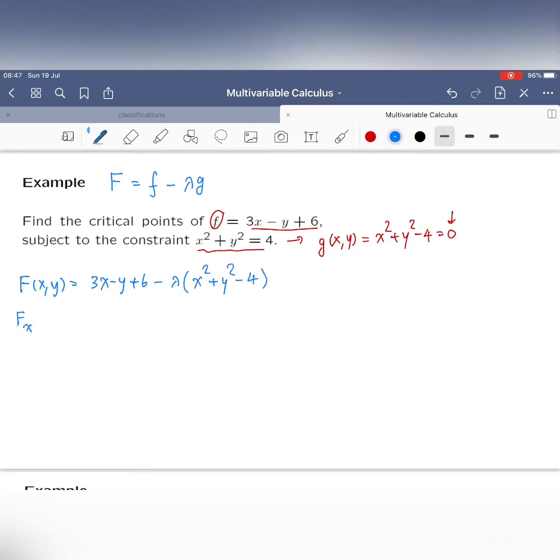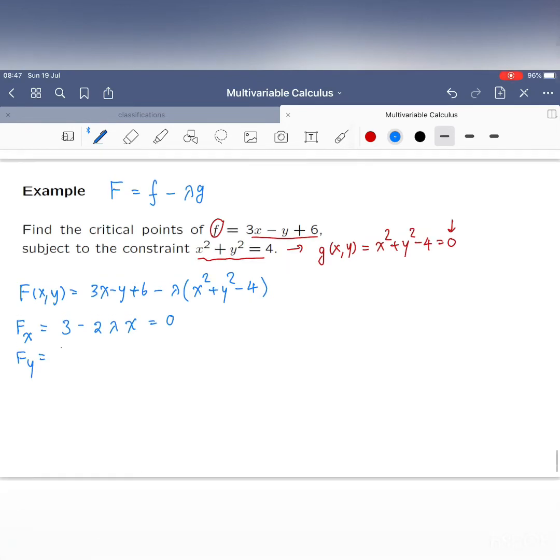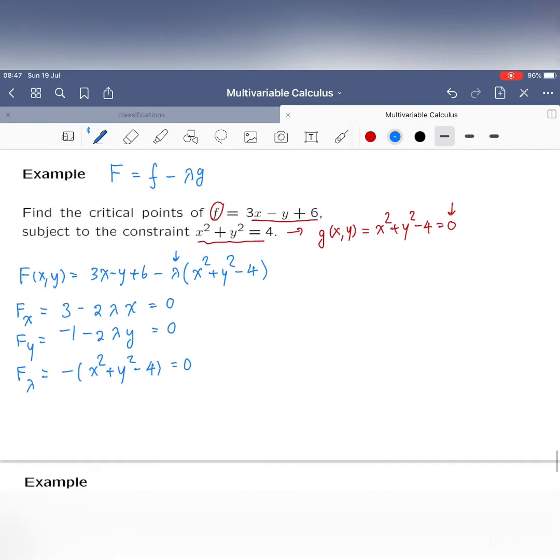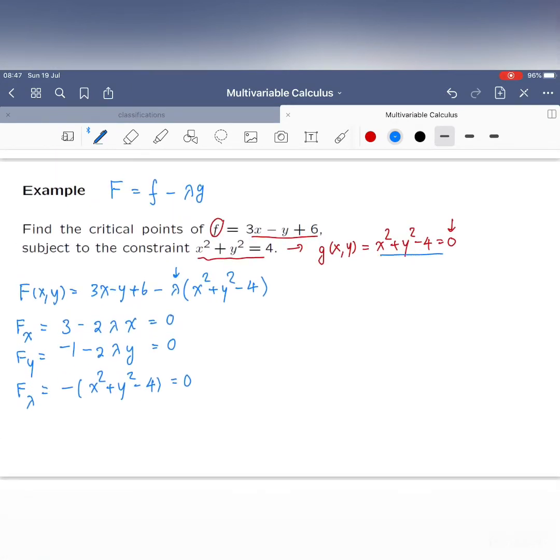So what you need to find is F sub x, which is 3 minus 2 lambda x, and make it equal to 0, and F sub y, which is negative 1 minus 2 lambda y. Don't forget, this one also equals 0. And F sub lambda, as I told you, is simply the negative of your constraint. After you make it equal to 0, it becomes your constraint itself.